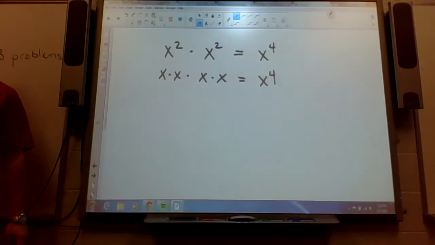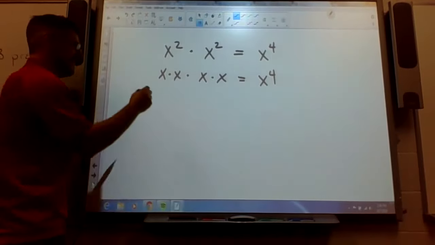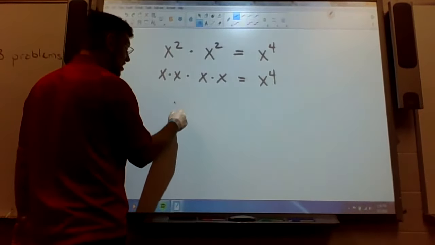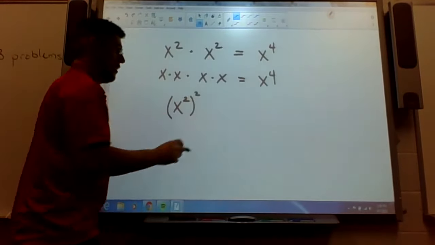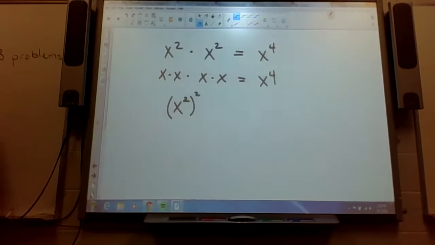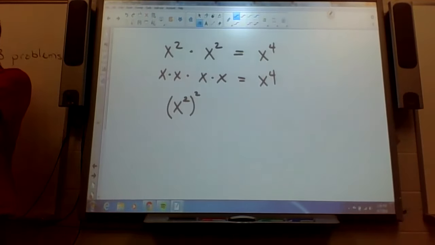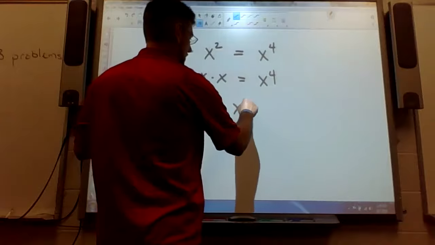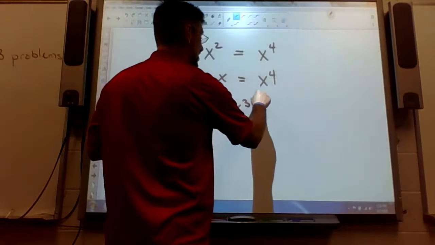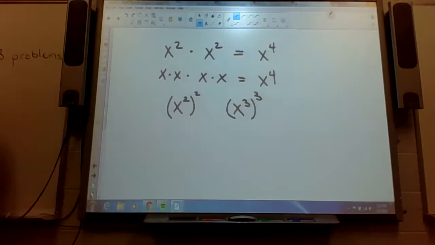How about this? Listen up. This is important. Maybe not now, but later. What about x squared, squared? What is that? It is x squared times x squared, which gets me back to x to the fourth. But what about x cubed, cubed? X to the ninth. Why?